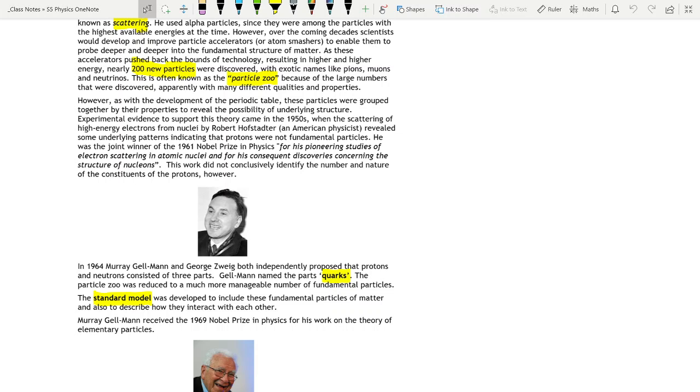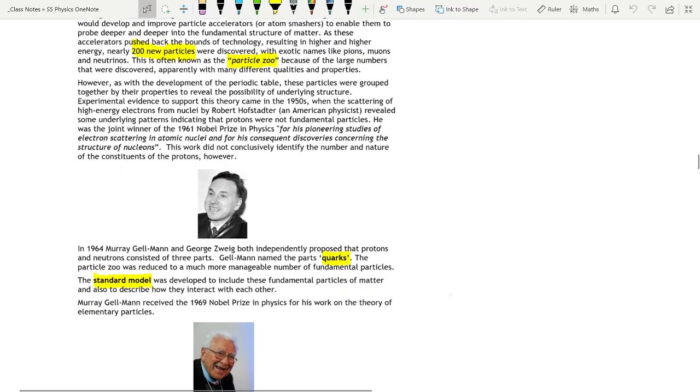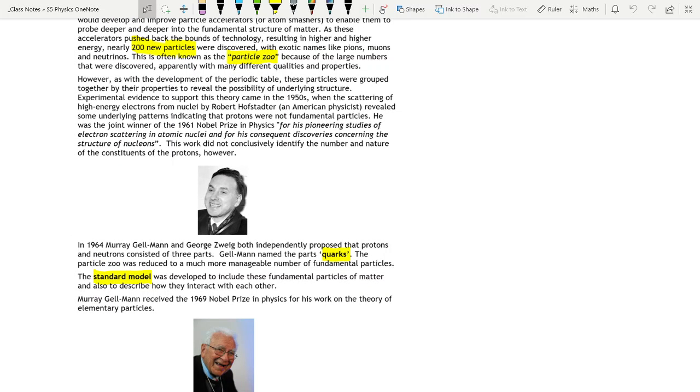And we realized that there are quite a lot of things inside of protons and neutrons. These are the quarks. But when they first started doing these experiments, they didn't really see a pattern. When they did more and more of the experiments, they started seeing a pattern, just like the periodic table. At first, they were just like, I don't really know.